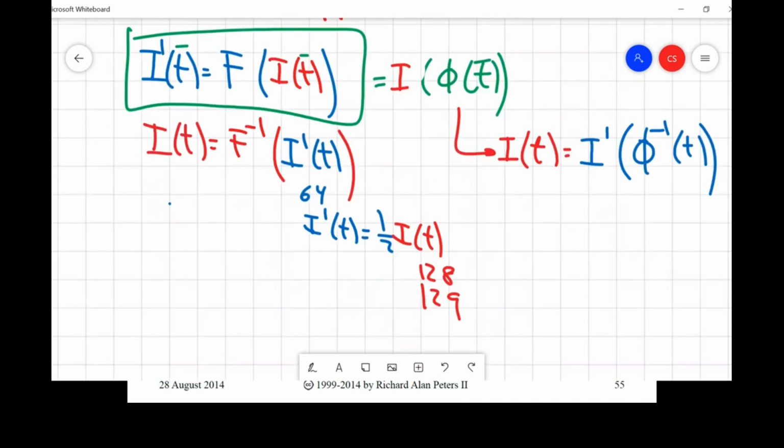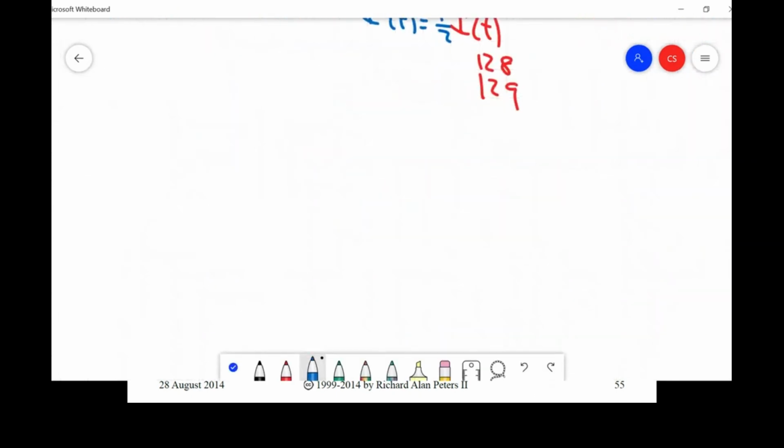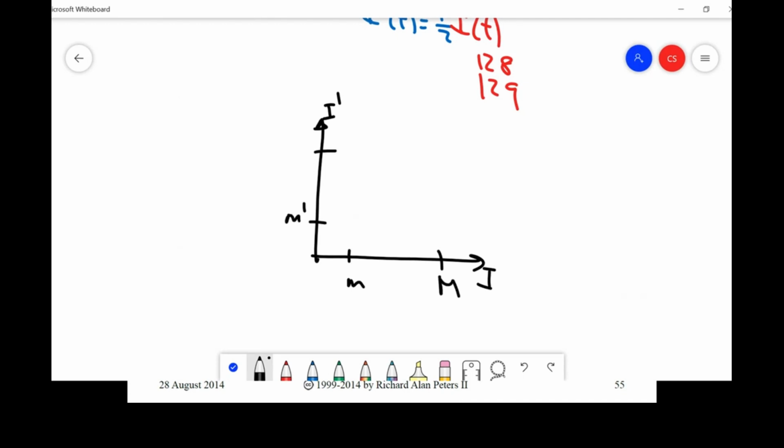Let's look at it. Here we had I prime, and we're mapping M capital M to M prime capital M prime. That was this line. If you are given a value of I prime, can you recover I? I can.